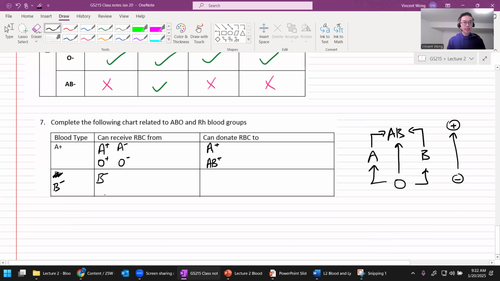That's right. Other B negatives and O negatives, right? They cannot receive from positive people. Who can they donate to? They can donate to B negative, B positive, AB negative, and AB positive. Just follow the pathway, right? And you will be able to figure it out.